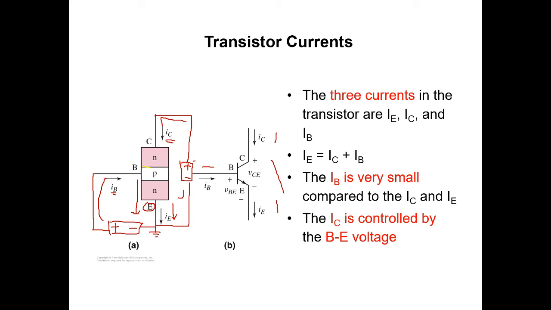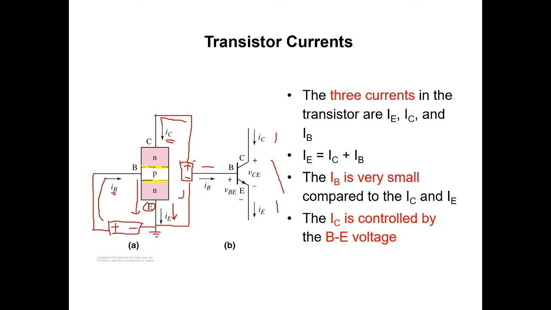So over here is one depletion region, and over here is also one depletion region. The voltage from the IB and IE is not the same, and also IC and IE is not the same.